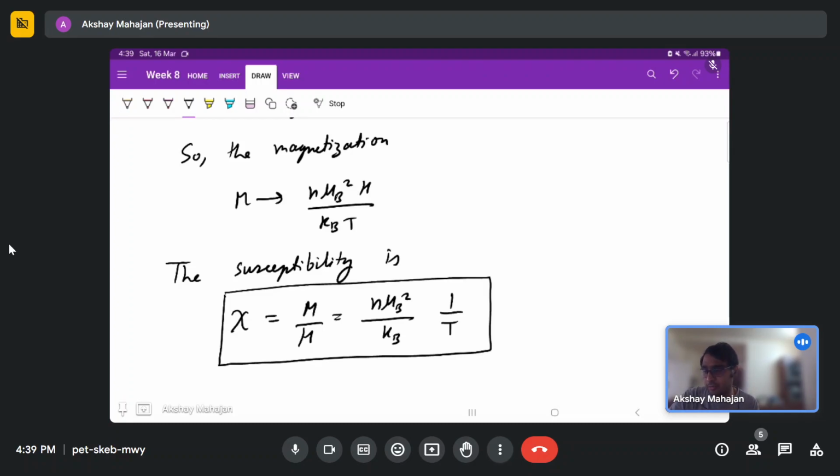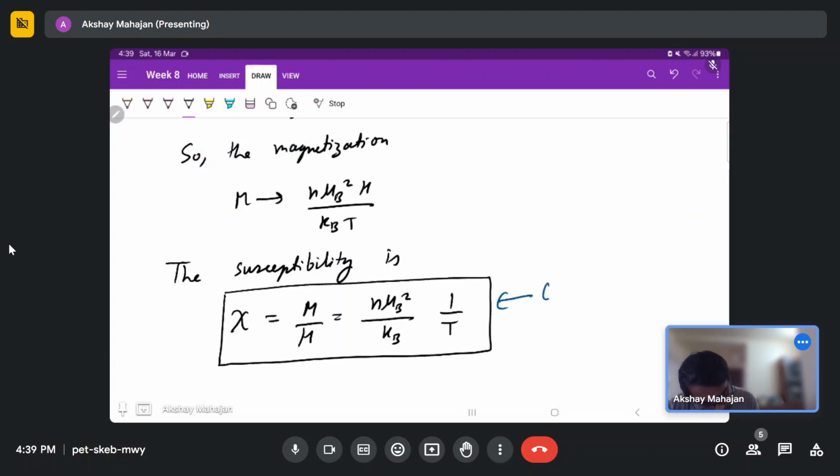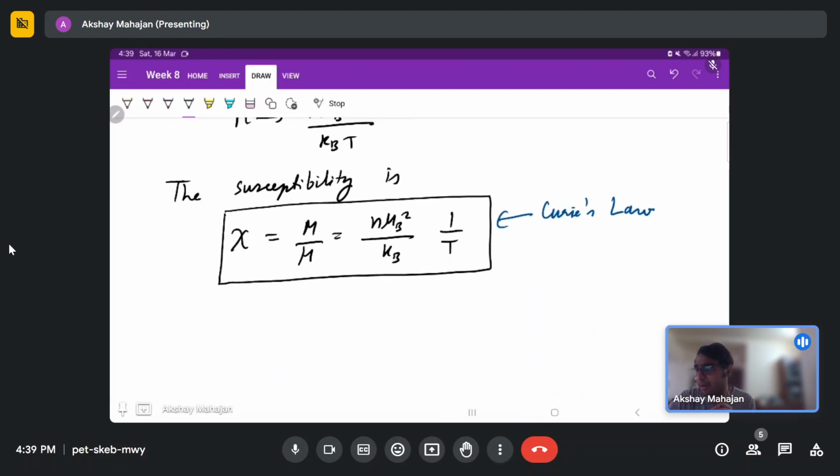We can see that it is inversely proportional to T here, and that is the Curie law. If you remember, this is Curie's law. So we can see that since this is Curie's law, our system is basically acting like a paramagnetic system.